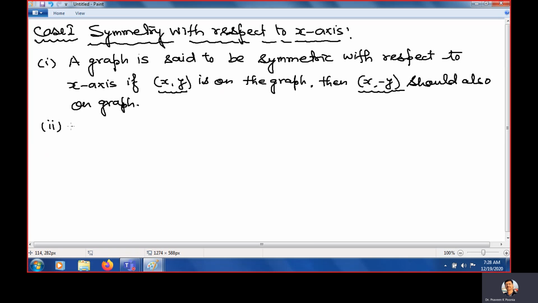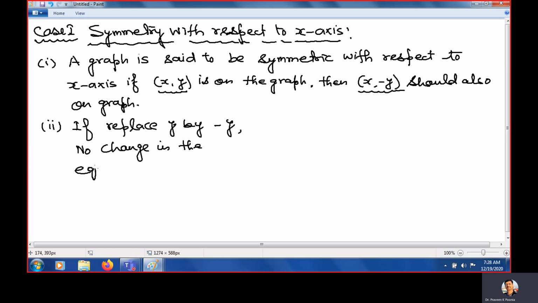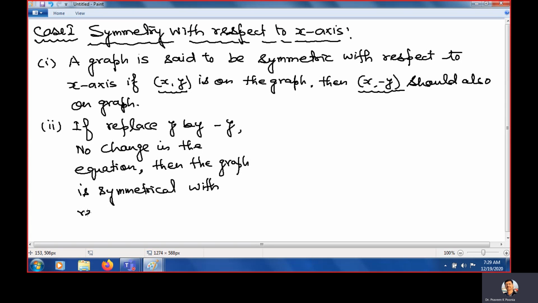Another definition is, if we replace y by minus y and there is no change in the equation, then the graph is symmetrical with respect to the x-axis.